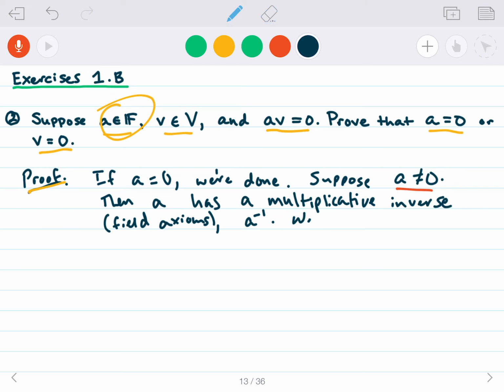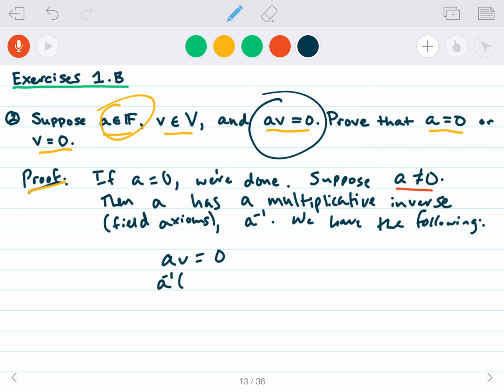So we have the following. The equation that was given to us in the hypothesis was AV equals 0. Now, if I multiply both sides of this equation by the multiplicative inverse, A to the negative 1, I get A to the negative 1 times AV is equal to A to the negative 1 times 0.